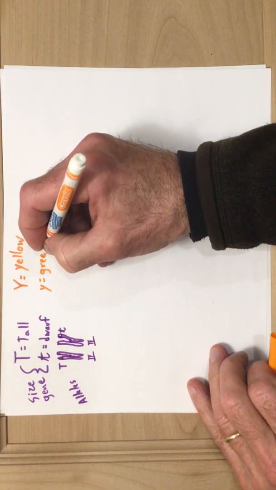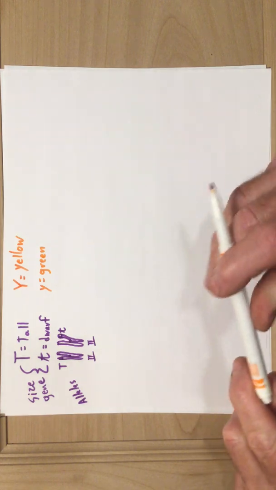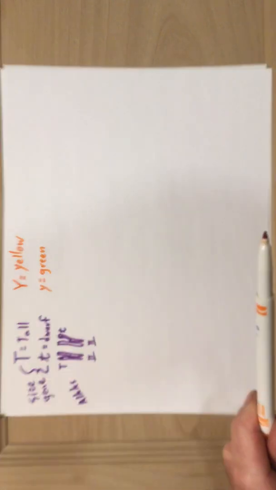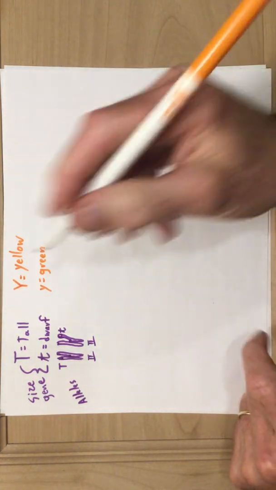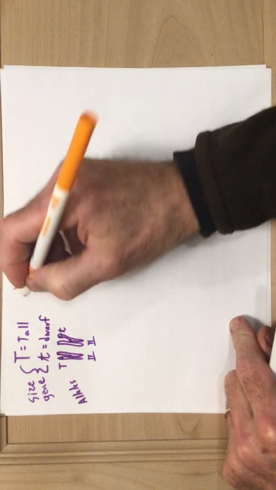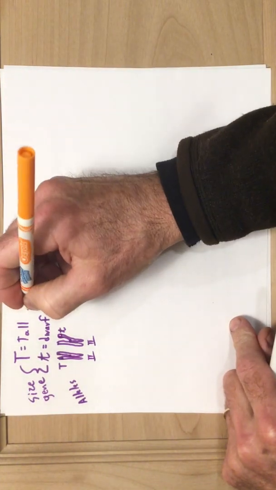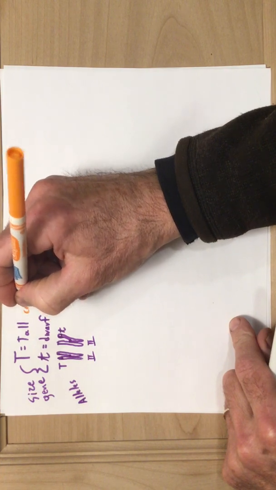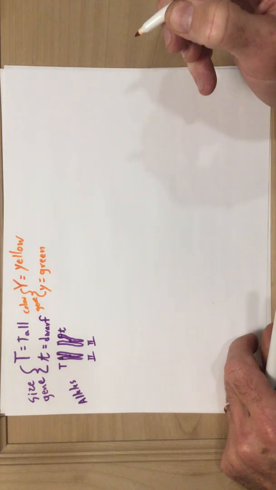Okay? It's a little bit backwards from what you think it is, because green color is actually recessive rather than dominant, which is normally what you'd think it's going to be. So in any case, this set is not the size gene. This is what's called the color gene. Okay, color gene. All right.